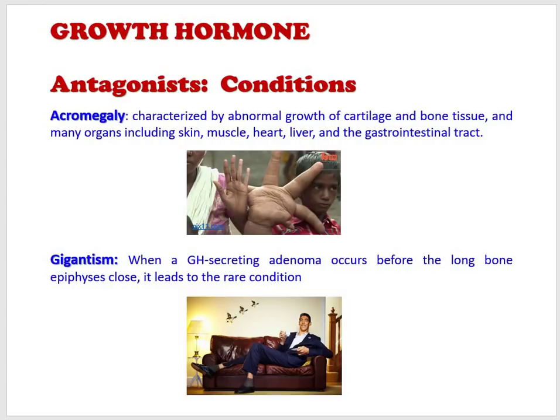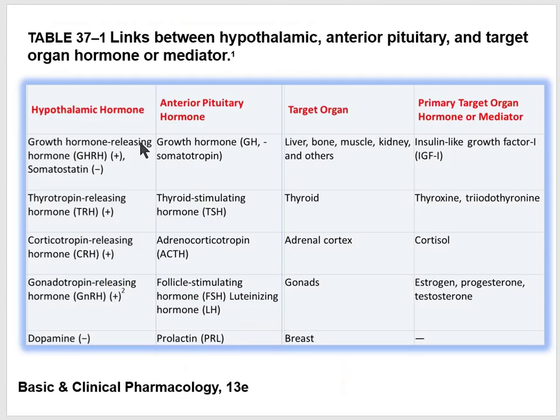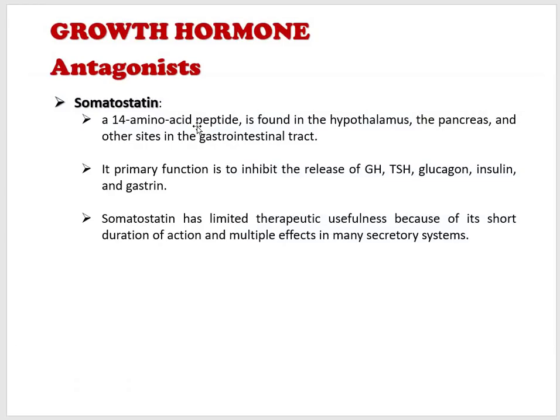Then we had a situation in which you have an excess of growth hormone. These are conditions like acromegaly and gigantism. In these conditions you will use an antagonist, right? And if you see this negative sign here, somatostatin negatively regulates the release of growth hormone from the anterior pituitary.